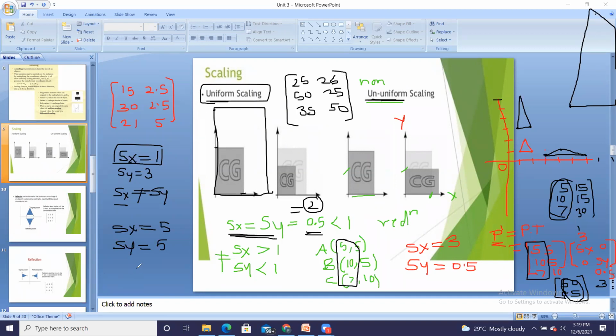So what can be the Sx and Sy value at that time? Expansion along x-axis and compression along y-axis. Then what will be the values of Sx and Sy?